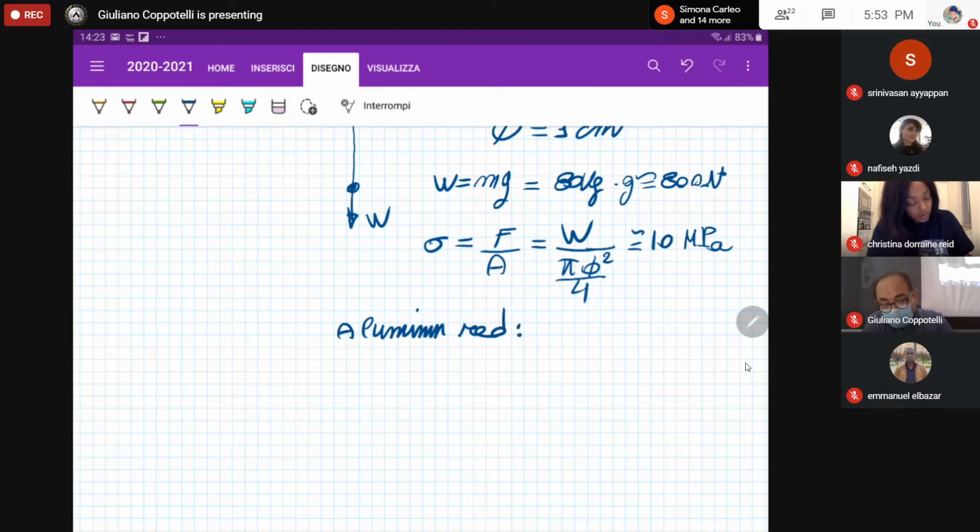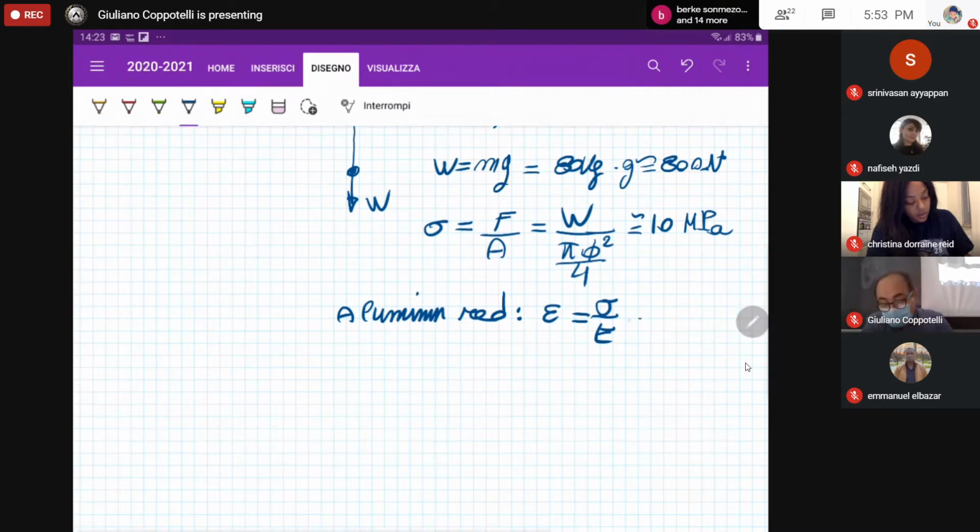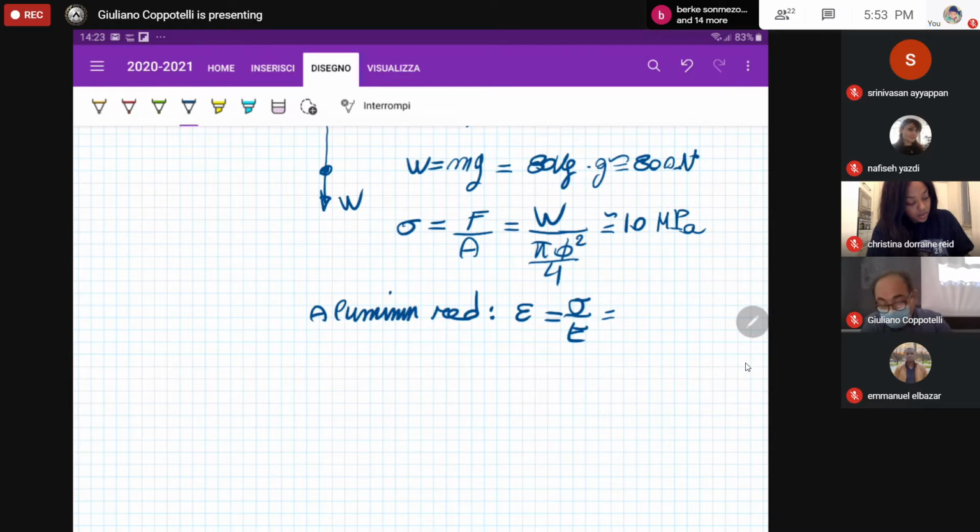What we get is that the corresponding strain is given by the ratio of the stress to the Young modulus, E, that is more or less about 145 microstrain.